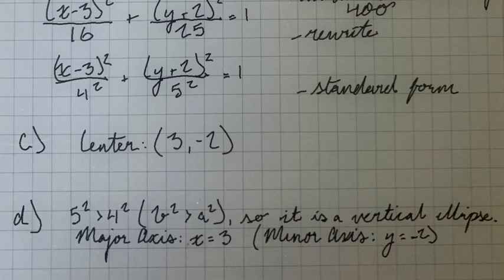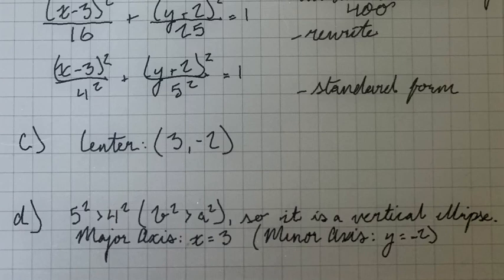So, in the left fraction, we have x minus 3 quantity squared. That means the x-coordinate is positive 3. And in the other fraction, we have y plus 2, which is actually, in this case, y minus a negative 2. So the y-coordinate for the center of the ellipse is negative 2, meaning the full coordinate for the center of the ellipse is 3, negative 2.